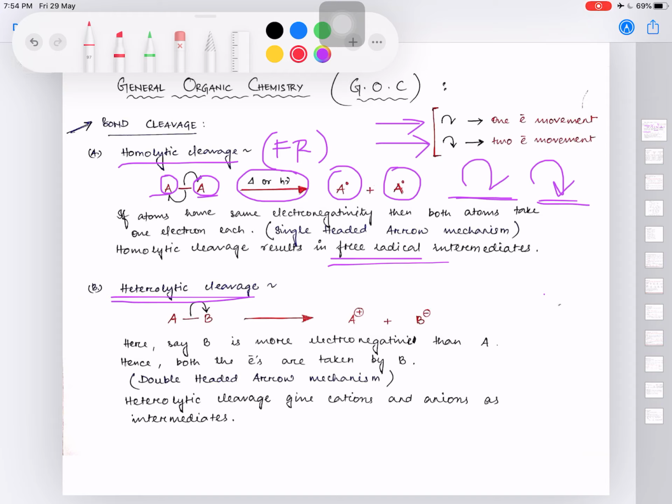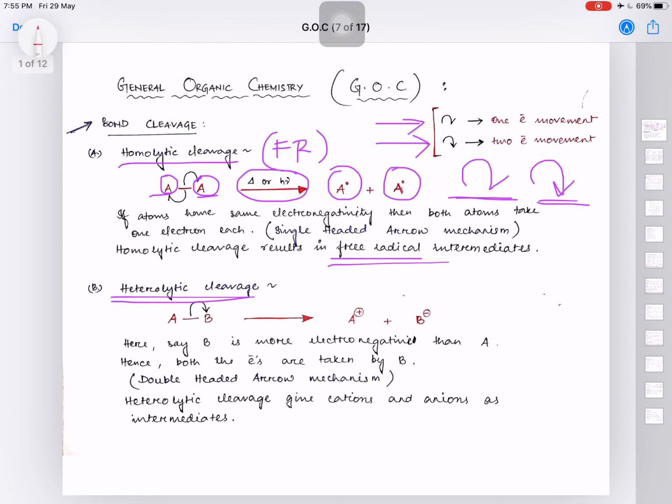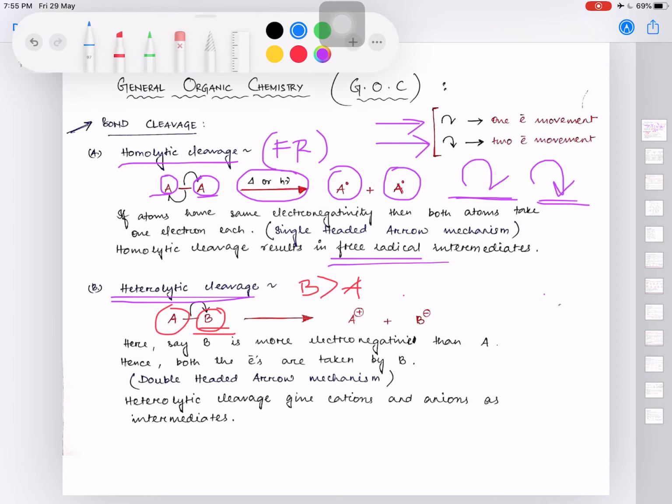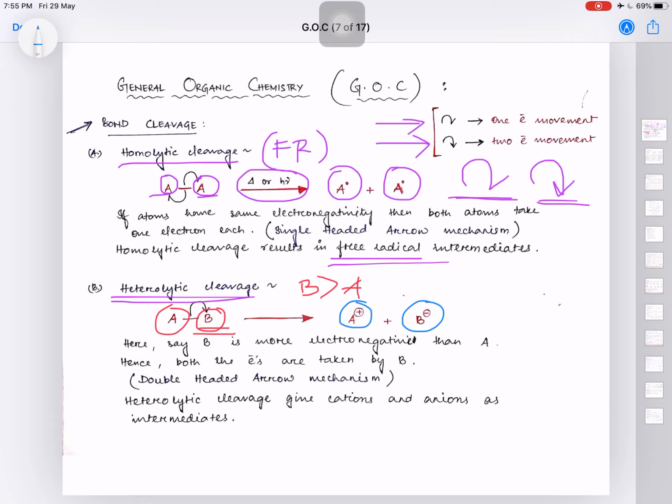So let us come to heterolytic cleavage. In heterolytic cleavage, the two atoms have different electronegativity. In this example, the electronegativity of B is greater than that of A. Since B is more electronegative, it will pull the electrons towards itself, and both the electrons will move towards B, as a result of which B will have a negative charge and A will have a positive charge.